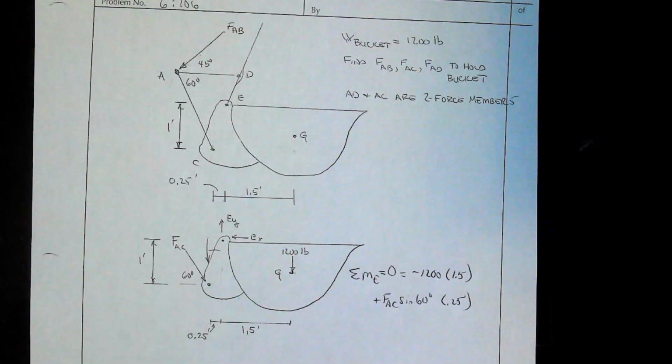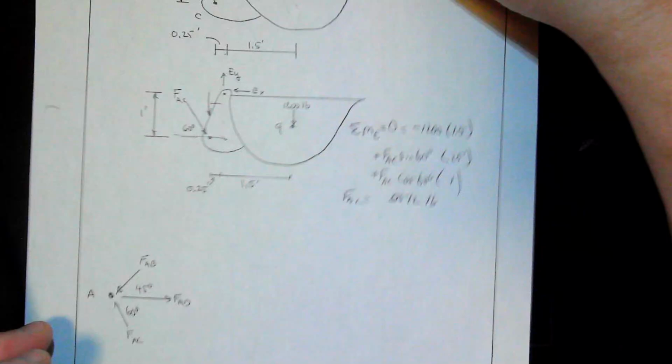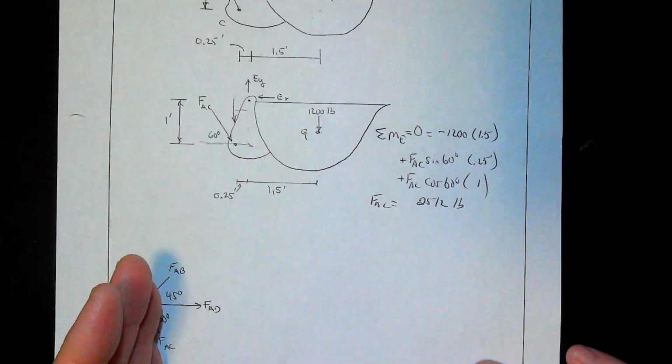And so the question is, this is a loaded bucket. It has 1,200-pound load in it, where the center of gravity is here at G. Okay? And we want to find what is the push of the hydraulic rod, what is the force in AD, and what is the force in this member here, A to C. All right?